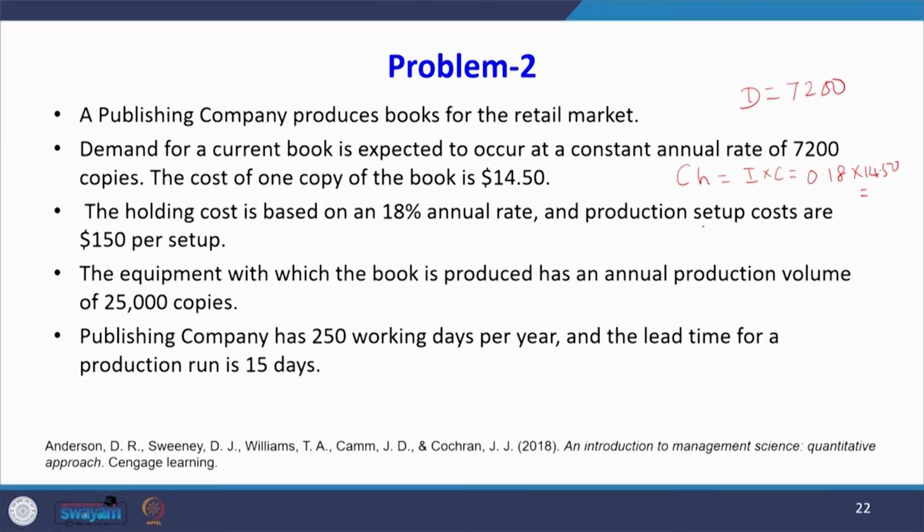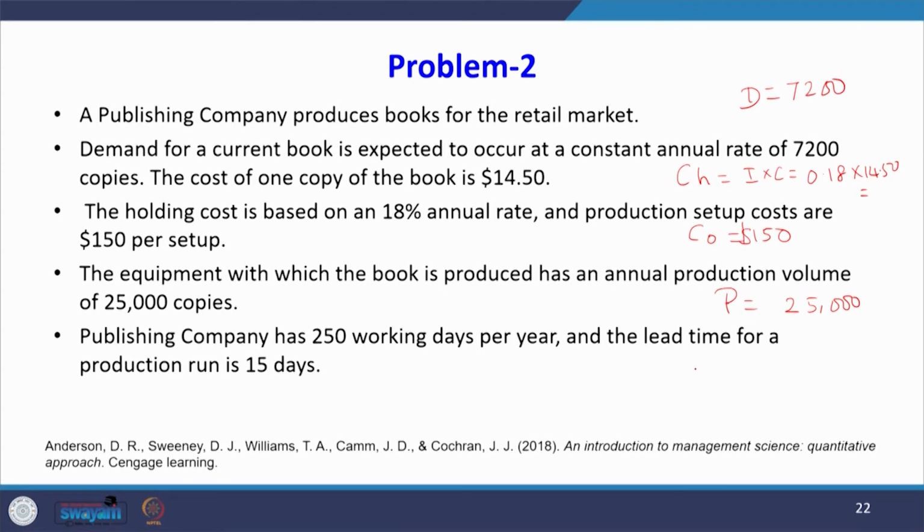Then the setup cost is $150. The equipment with which the book is produced has an annual production volume of 25,000 copies. So, this capital P, the annual production, is 25,000 copies. The publishing company has 250 working days per year and the lead time for the production run is 15 days.